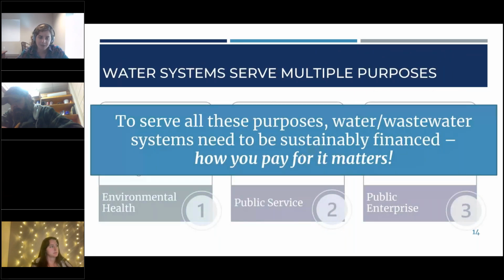And what we found is that really to serve all of these purposes, water and wastewater utilities really need to focus on that sustainable finance. In order to protect public health and to protect the environment, to provide that public service and to operate as a public enterprise, utilities need to think about how they're financed both today and into the future. And our slogan at the UNC-EFC is how you pay for it matters. And we think that that's really important for water and wastewater utilities and really all environmental services.